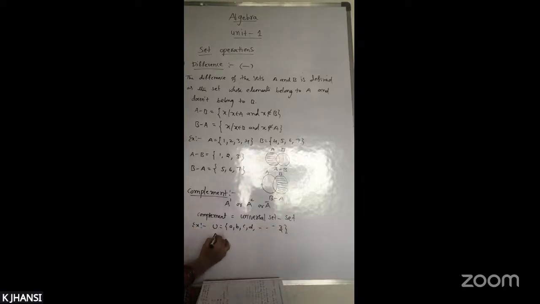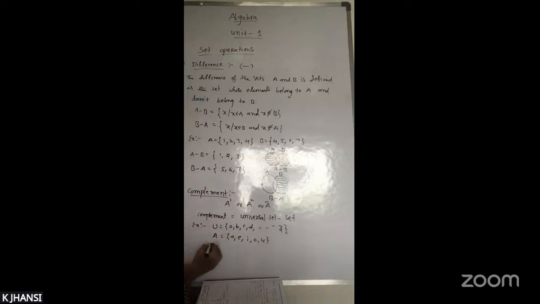So set A, we need one more set, no? Set A is equal to the vowels, that is A, E, I, O, U. So if these are the set A elements, then A complement, so complement of the set we need, no?